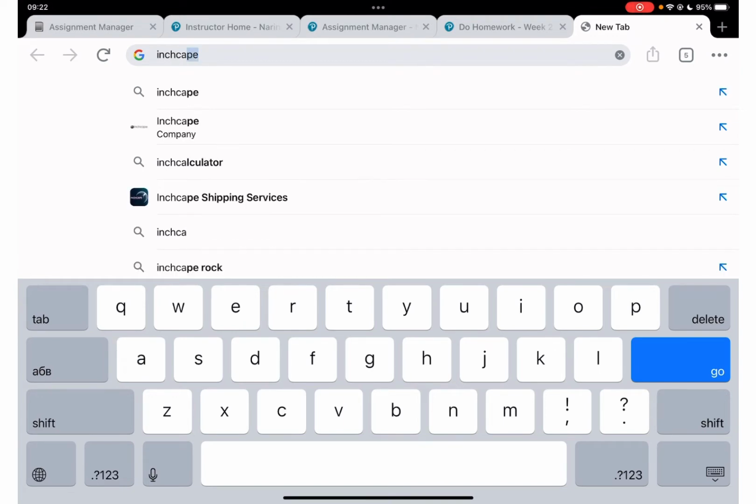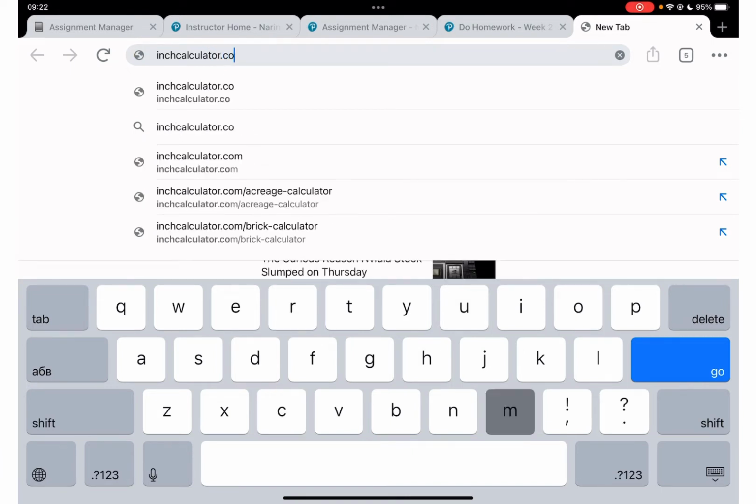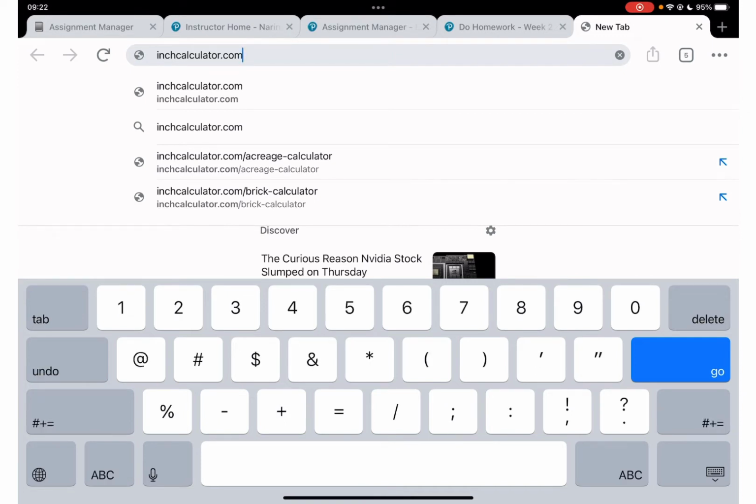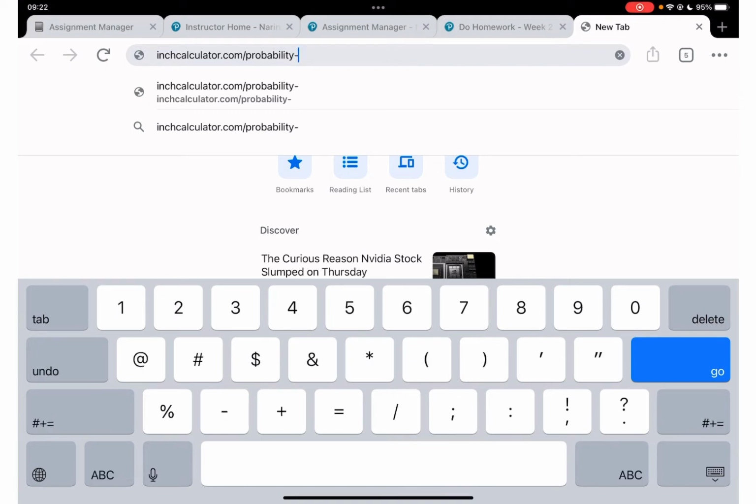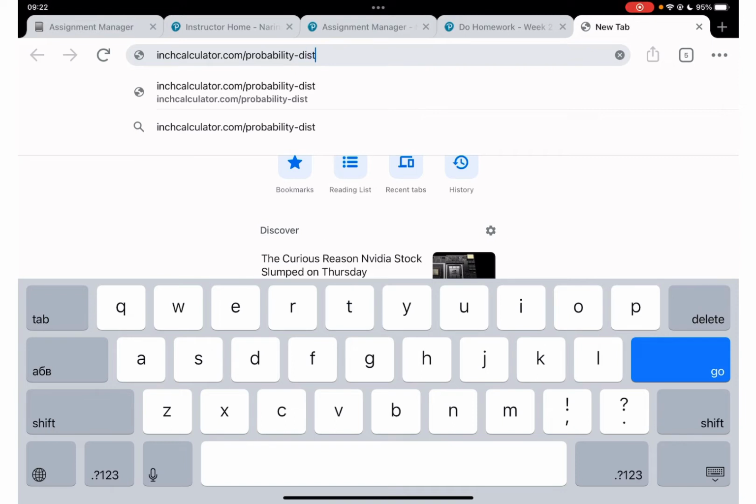It's calculator.com slash probability-distribution-calculator.